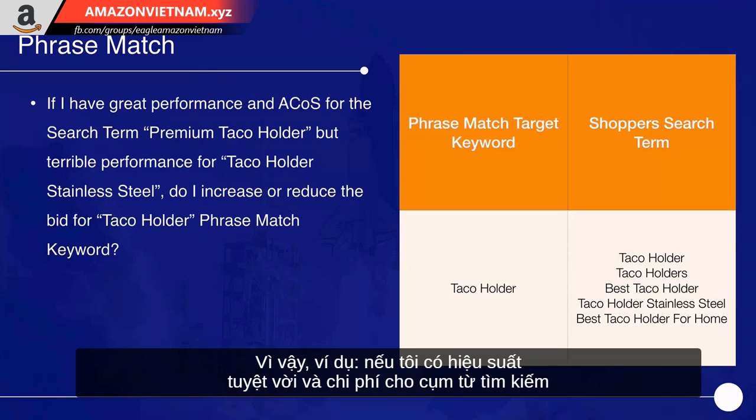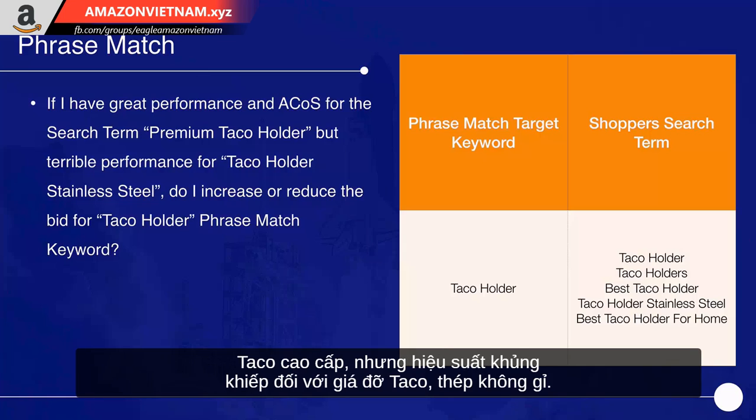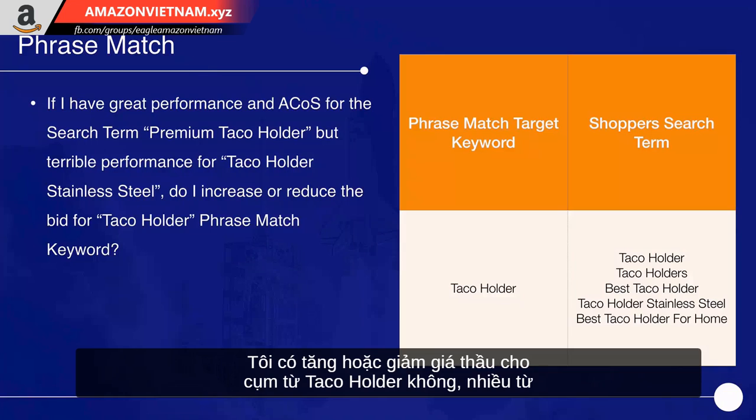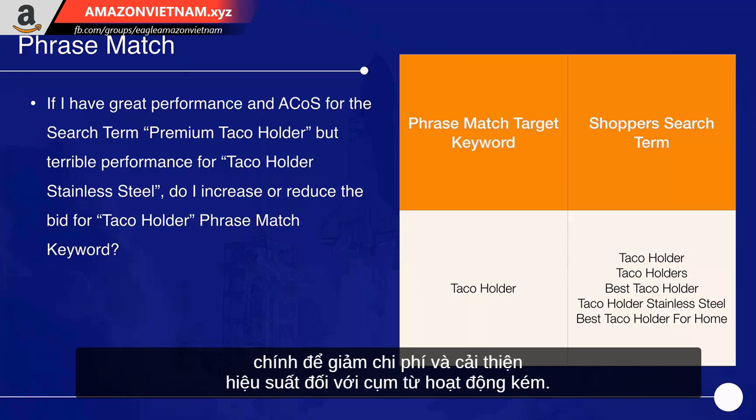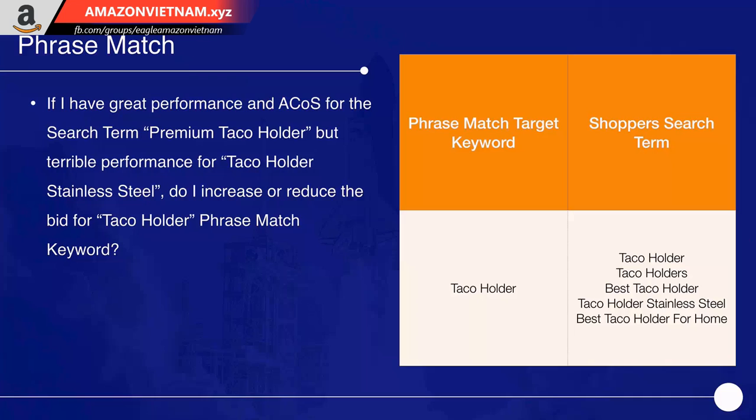So for example, if I have great performance and ACoS for the search term premium taco holder, but terrible performance for taco holder stainless steel, do I increase or reduce the bid for taco holder phrase match keyword to reduce that ACoS and improve the performance on the poorly performing term?